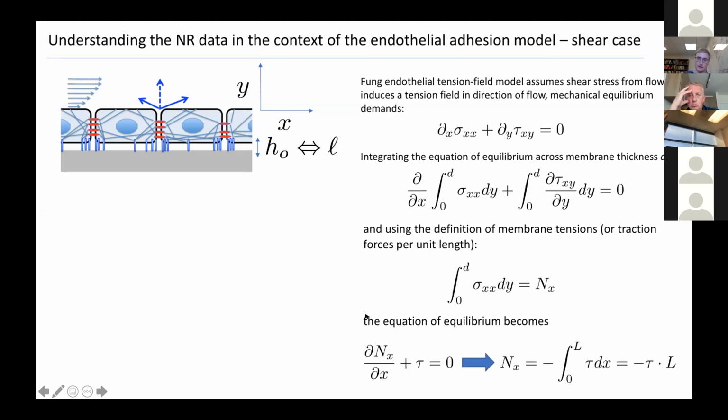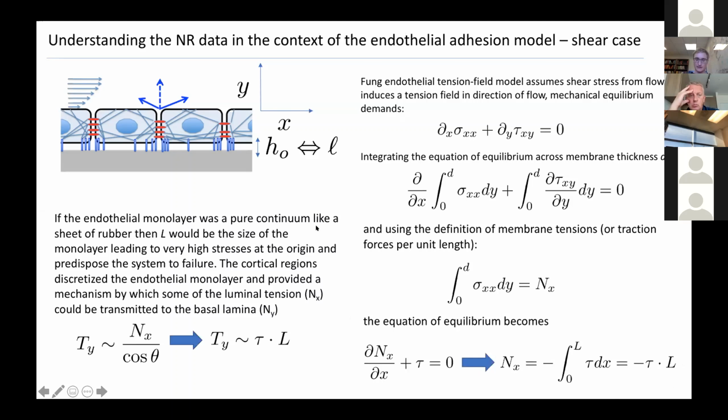Fung realized himself that this is okay for a single cell, but if you start to think about the ramifications for a cell monolayer, you quickly see that there's some inconsistency in this type of analysis, and that is that L becomes the size of your system.